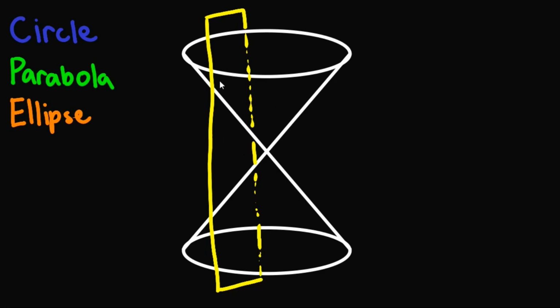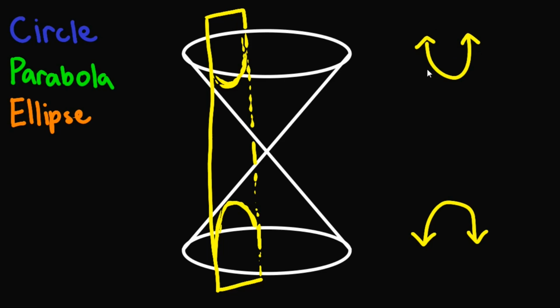Apologies for the poor drawing, but we'll be cutting this conic section around somewhere here and somewhere in here. So what we'll obtain is something like this. This one out here is called a hyperbola. So it's like a parabola, but we have two parabolas, one up and one down.